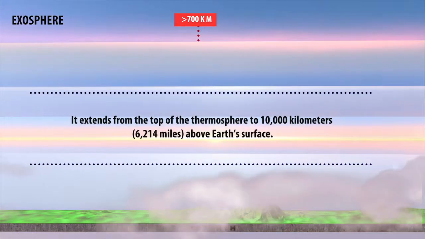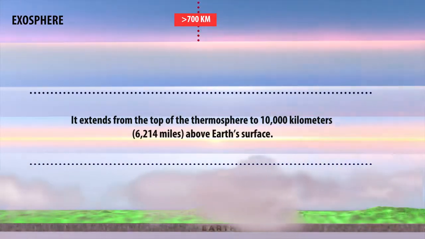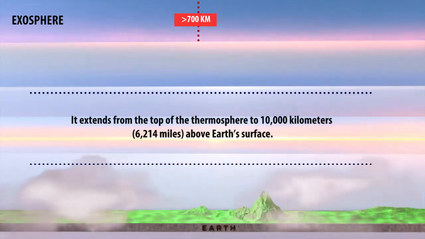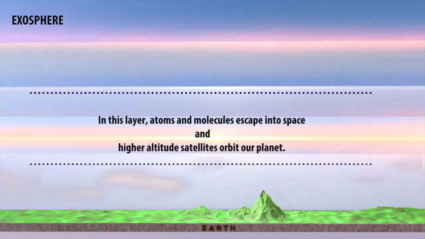It extends from the top of the thermosphere to 10,000 kilometers or 6,214 miles above Earth's surface. In this layer, atoms and molecules escape into space, and higher altitude satellites orbit our planet.